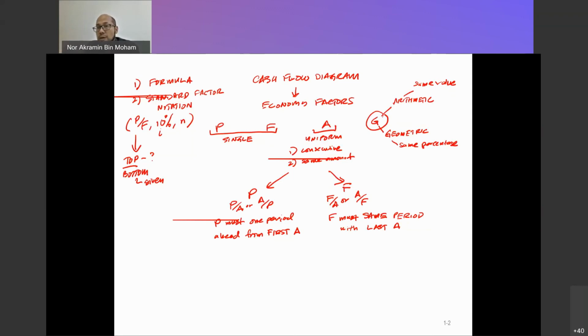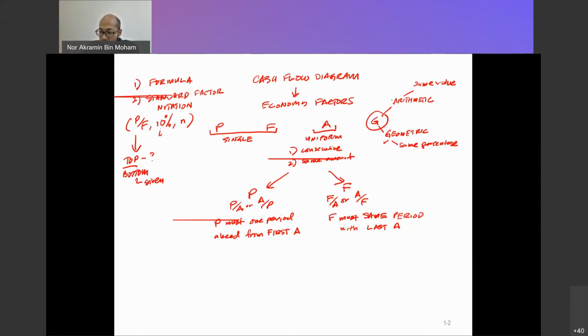And for geometric gradient, the changes are based on percentage. Example, the maintenance cost increases 10% every year or decreases 3% every year. So the change is based on percentage. If the change is based on the same percentage, we categorize that cash flow diagram as geometric gradient.